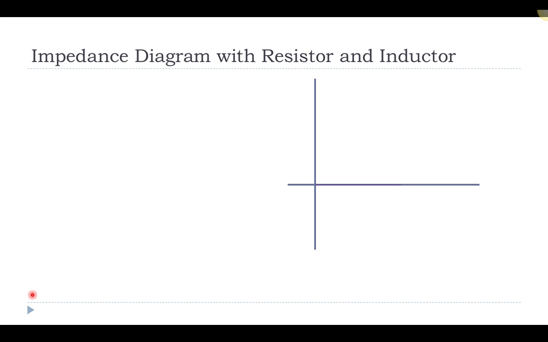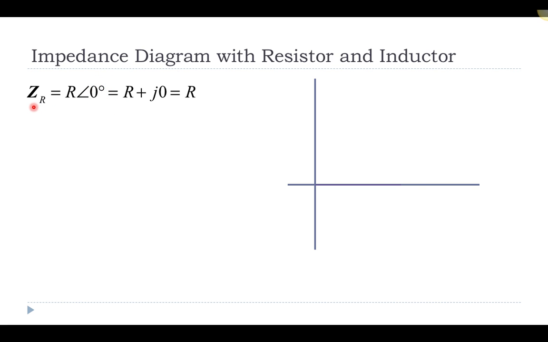So the first thing is we need to understand something called an impedance diagram. An impedance diagram allows us to represent the different impedance values in the circuit and how we might add them together. So if I had strictly a resistor in the circuit, I know that the impedance is purely a real part in terms of the way that we write it, and this has an angle of 0.